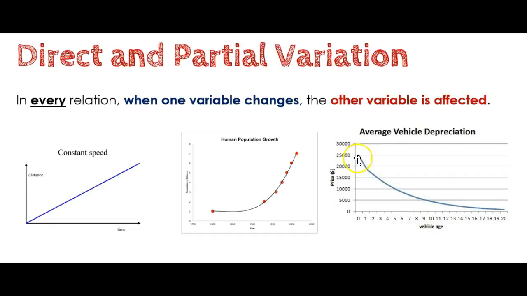In this last graph, I'm looking at the value of a car as the vehicle ages. It's not a linear relationship, but we can see that as the vehicle gets older, its value becomes lower and lower. So those are three examples of relationships where as one variable changes, the other one is affected.